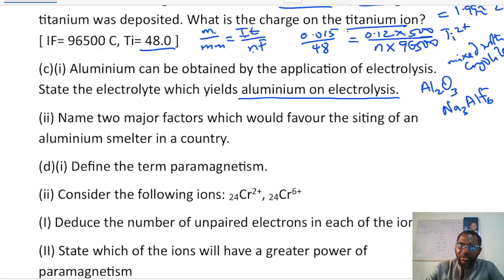This is just the economics of production. The second one is abundant deposits of bauxite. If the deposit of bauxite is abundant, then we are going to have a favored aluminum smelting in the country.